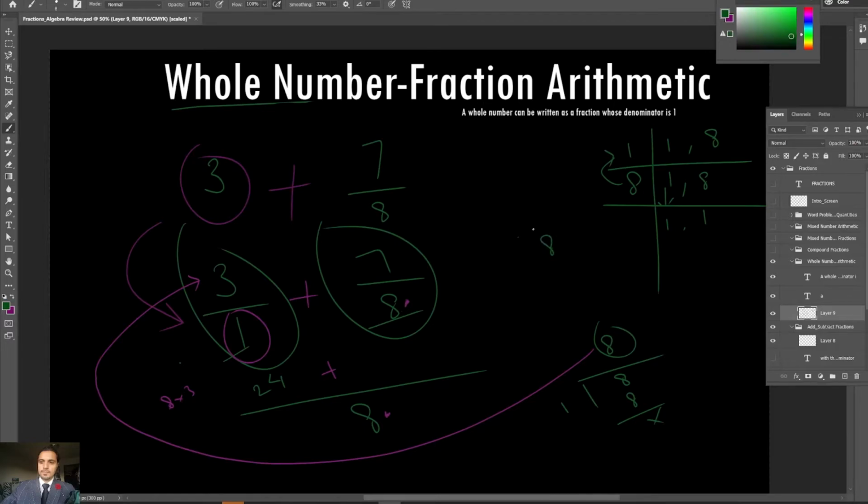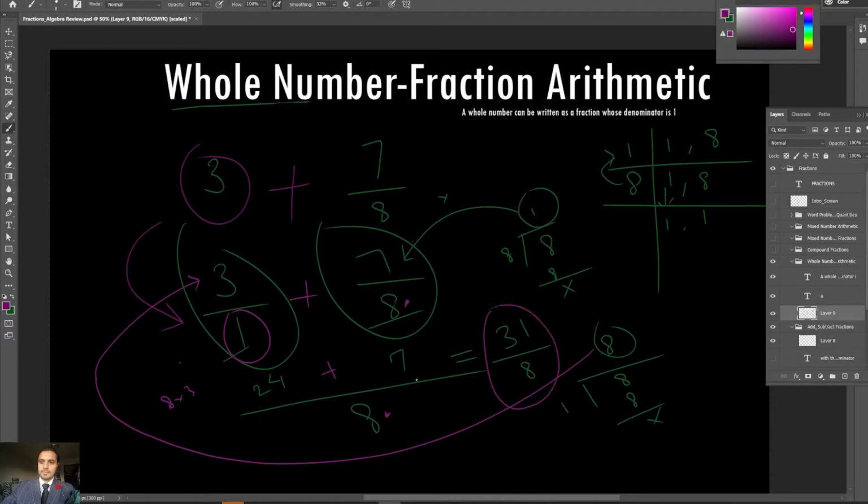Well, 8 times 1 is 8 with a remainder of 0. So the quotient here, which is 1, is multiplied by the numerator here. 1 times 7 is 7, and 7 plus 24 is 31, and then this denominator is 8.